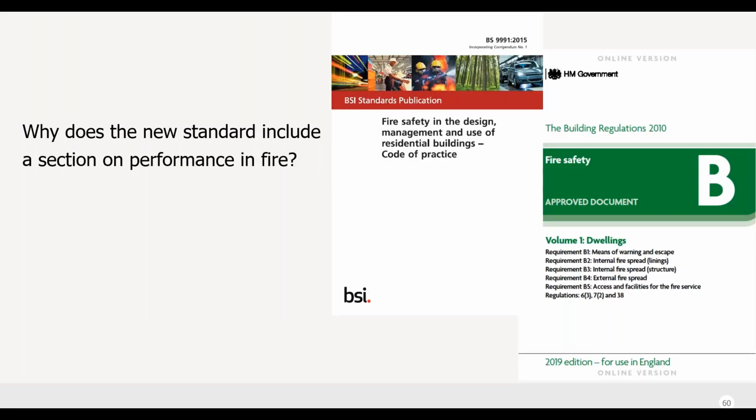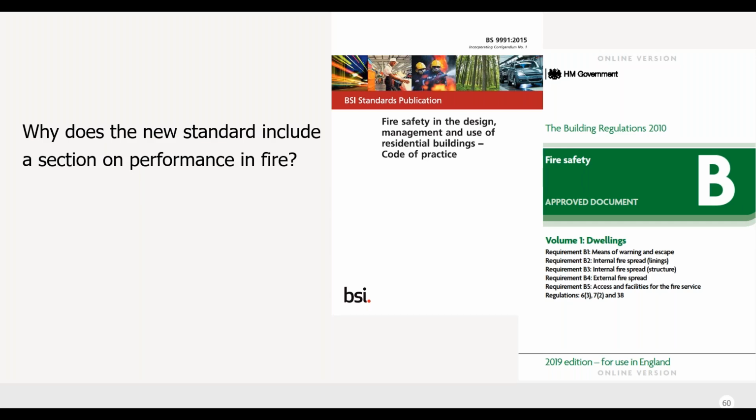There is existing guidance such as BS 9991, BS 9999, and building regulations. So why do you need to add more guidance? The standard aims to resolve anomalies or conflicts in the current guidance, provide clarity or guidance where there isn't any, and it should also be remembered that the Hackitt report into the Grenfell tragedy stated that there was a problem with existing guidance being confusing and hard to follow.